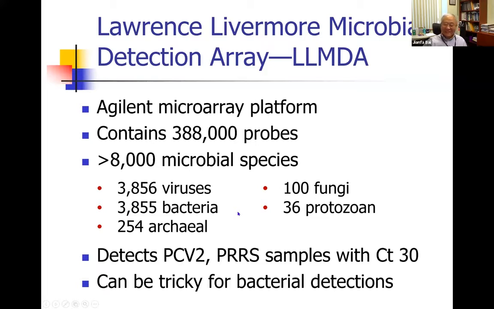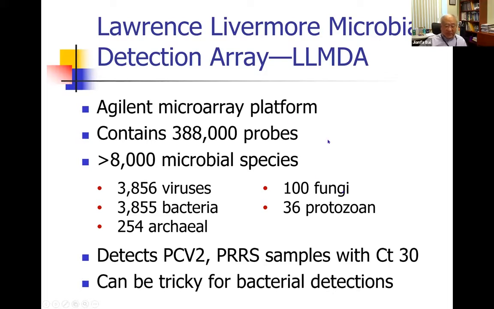It looks like it's not too big, however, those pathogens include the routine pathogens we are dealing with, including human, animal, plant, soil, whatever you can think of, the routine pathogens are here already. So it's probably the most comprehensive microarray for detection that exists currently.